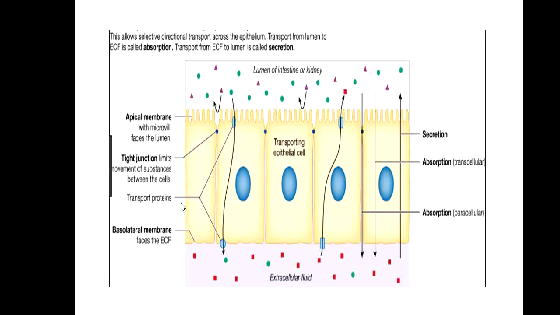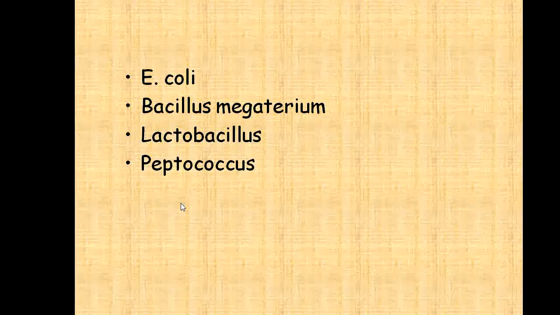These are the absorption. You should also learn about the large intestine. The large intestine is also a very good residential area for various types of bacteria. The small intestine also contains a large amount of bacteria, but the large intestine contains the majority of the bacteria.